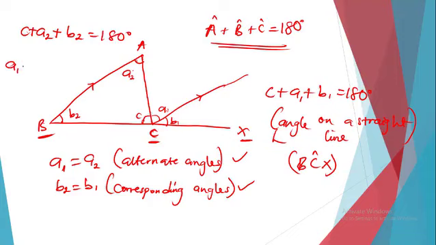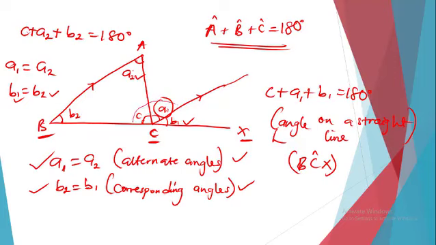Since A1 is equal to A2, which we've proven before, and B1 is equal to B2, which we also have here. Okay, if A1, which is this, is equal to this, and B1, which is this, is equal to this, that means that C plus A2 plus B2 is equal to 180, because the sum of C, A1, and B1 is equal to 180.